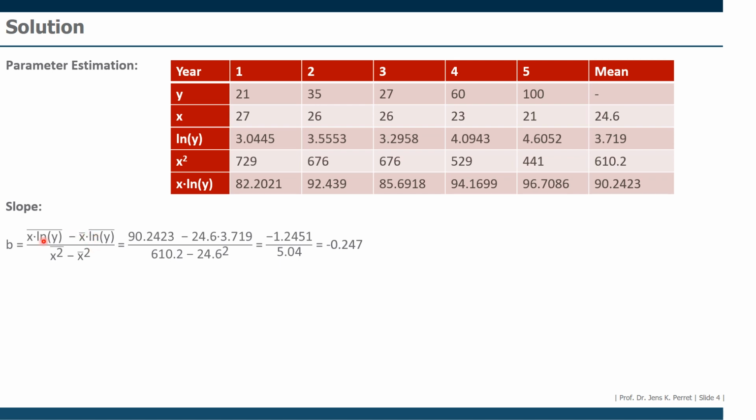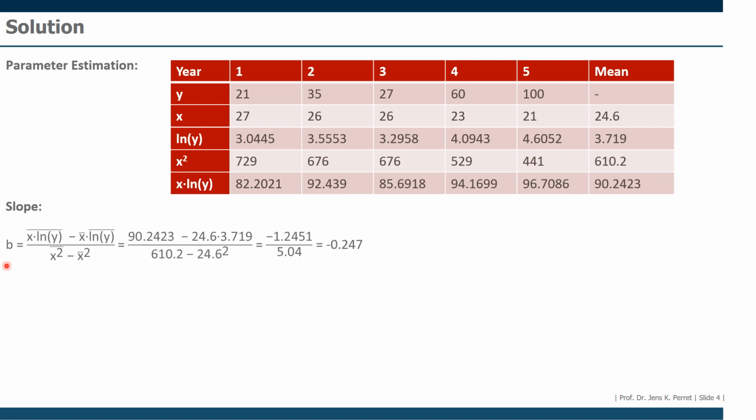I'm going to divide this by the variance of x, so the average of x squared, here 610.2, minus the average of x, 24.6, to the power of 2. Putting all of this in my calculator yields a slope of minus 0.247. This parameter is the same as in the original equation.